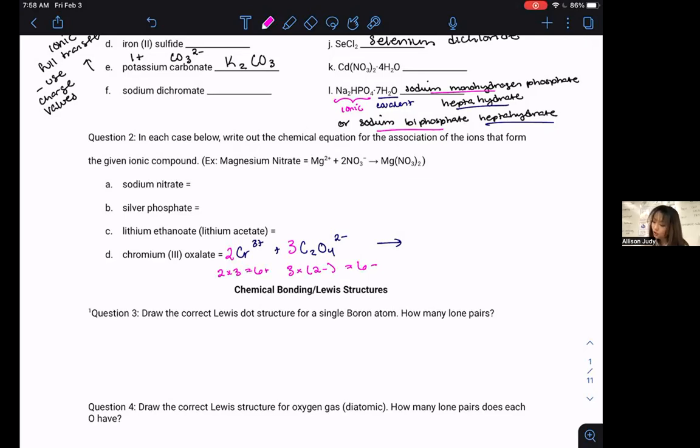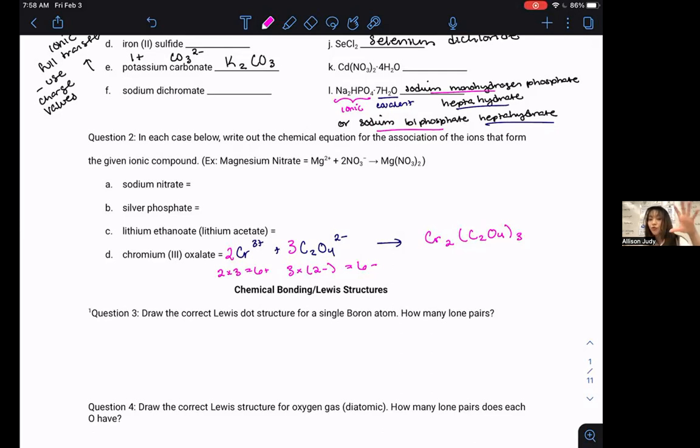And that will give me the overall compound of Cr little 2, because now they're in a bond, C2O4, and 3 of those polyatomics, C2O4, 3 of them. Now, I want you to notice something. When I initially wrote the ions required, I put the 2 and the 3 out front, because I'm saying I need that many of each of these ions. They're not bonded yet.